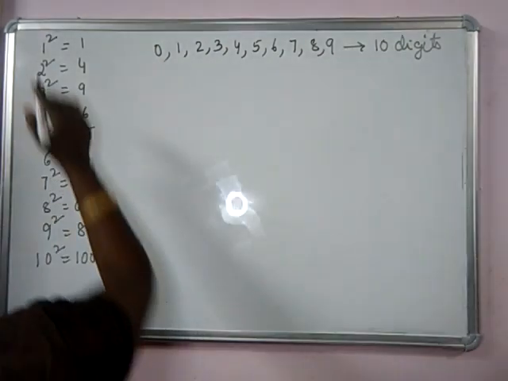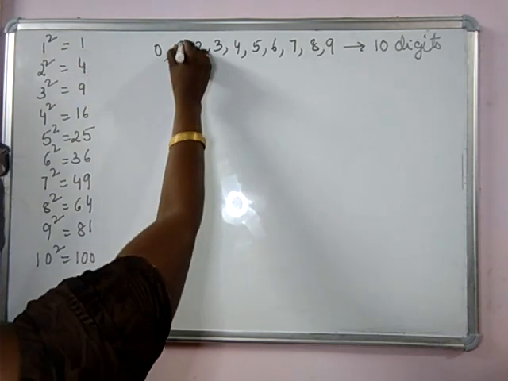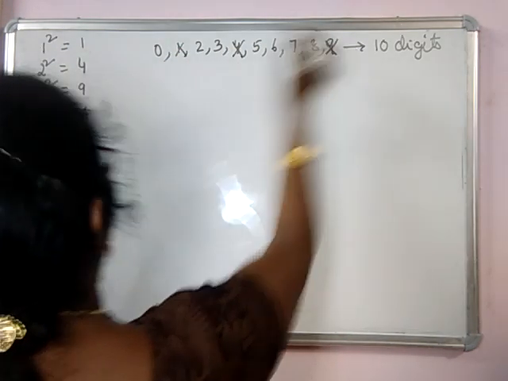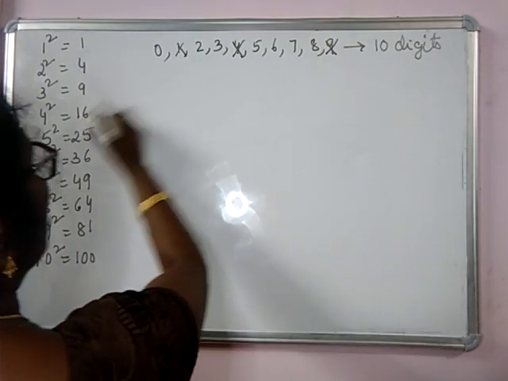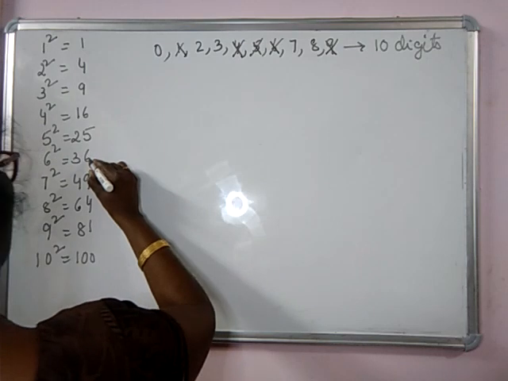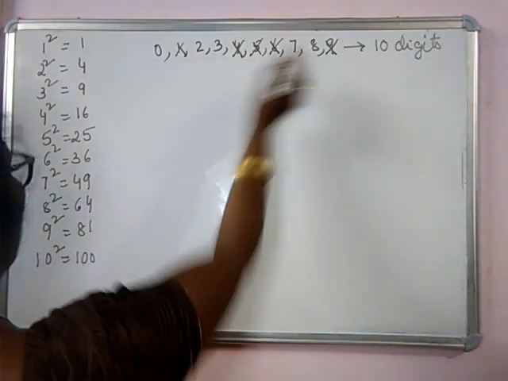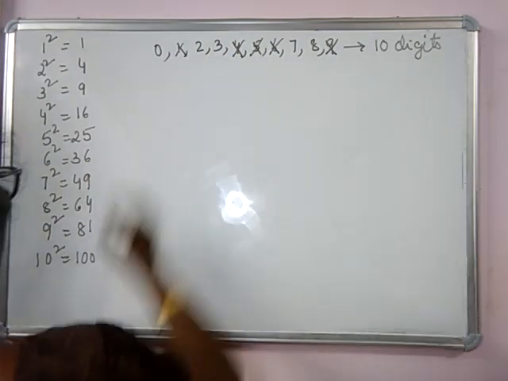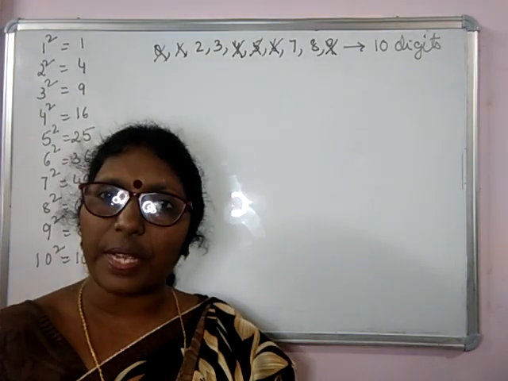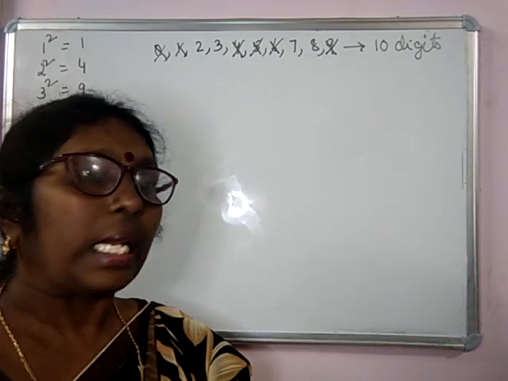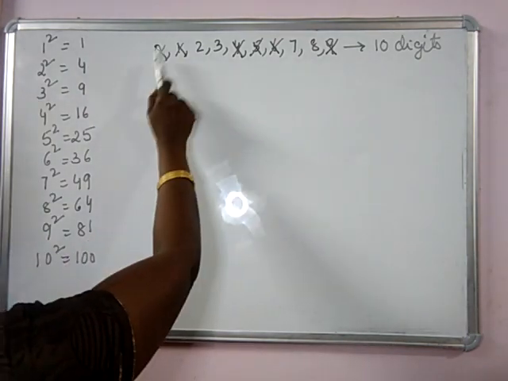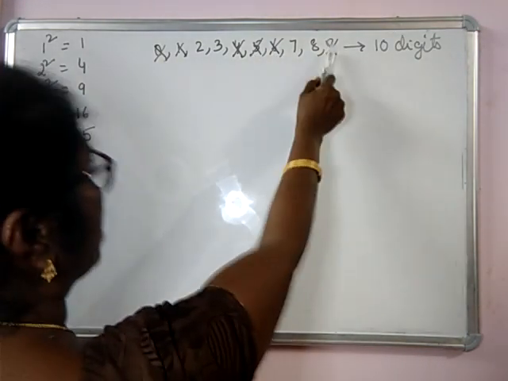So you see, children, 1 square is 1, 4, 9, 16 with 6 in the ones place, 5, 6, 9, 4, 1, 0. That means a perfect square can have 0, 1, 4, 5, 6, 9 in the ones place.